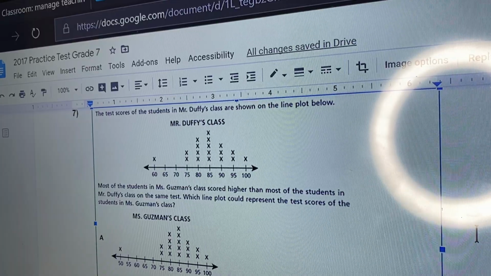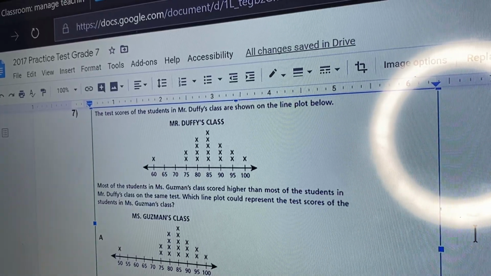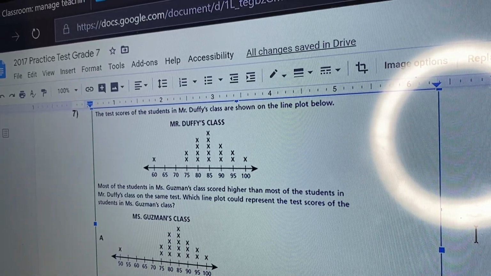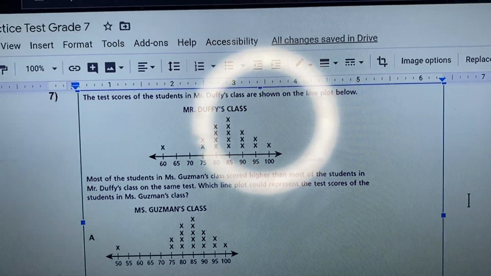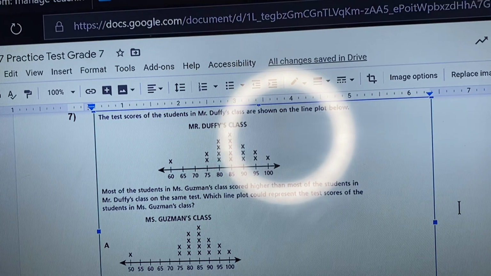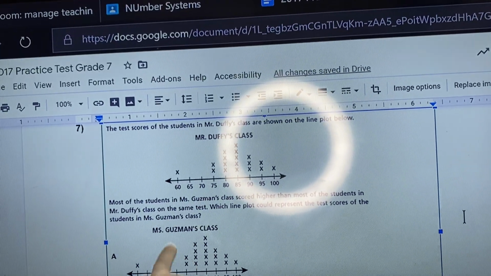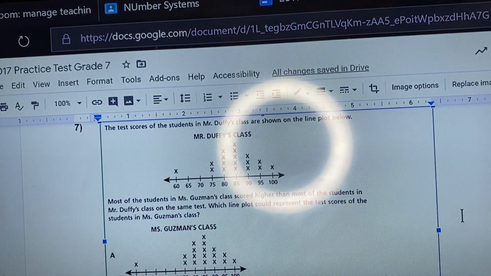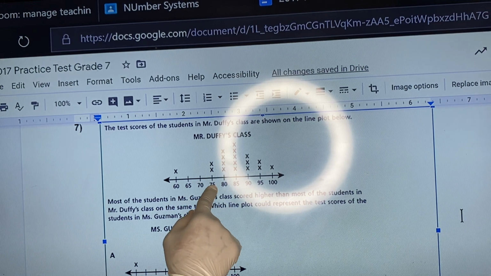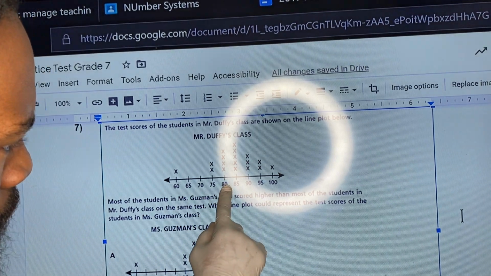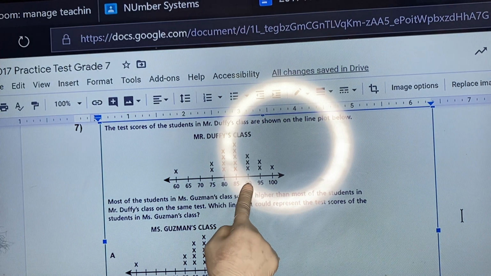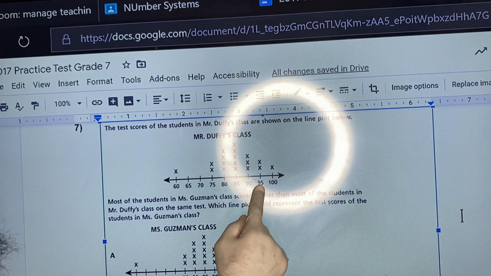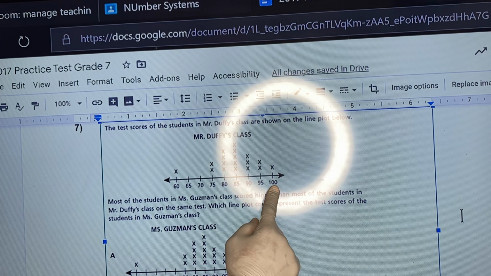The test scores of the students in Mr. Duffy's class are shown in a line plot below. The X tells us how many students got what score. So 1 student got 60, 2 students got 75, 4 students got 80, 5 students got 85, 3 students got 90, 2 students got 95, 1 student got 100.